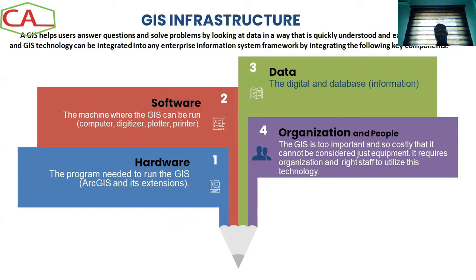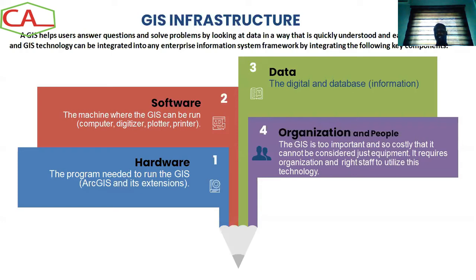We're talking about the software, the ArcGIS application itself. There are varieties of GIS software. The most popular ones are ArcGIS, ArcInfo, MapInfo, Global Mapper, and so many of them. We'll have QGIS in the market.